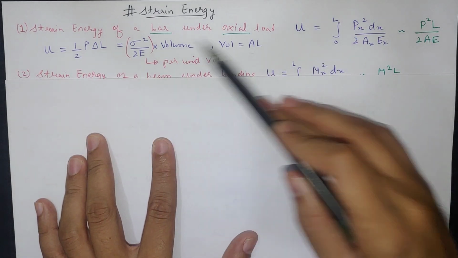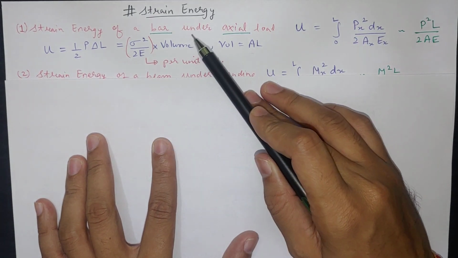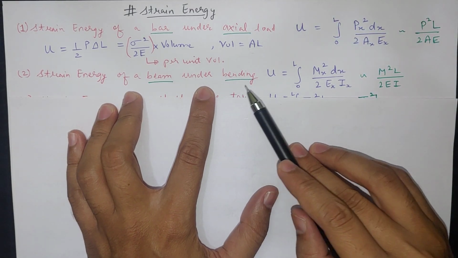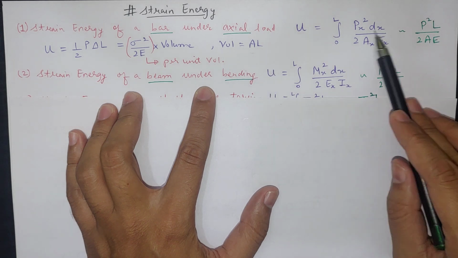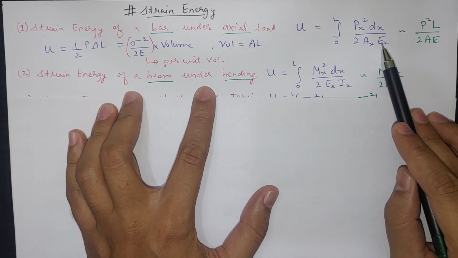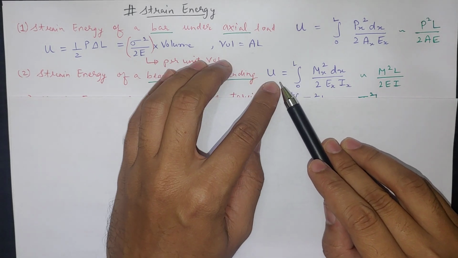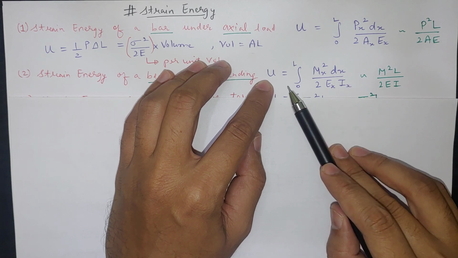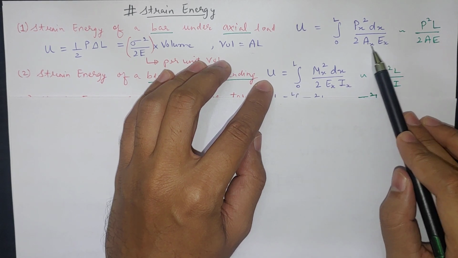Now these all formulas are for strain energy of a bar under axial load. For strain energy of a beam under bending, we simply replace Px with Mx and AE with EI. Here AE was axial rigidity, and EI is flexural rigidity.